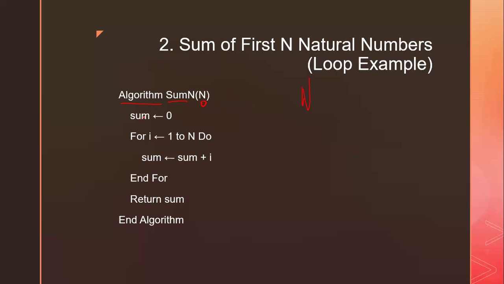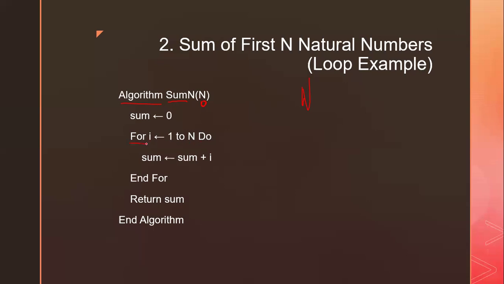So we say sum is equal to 0, but because we're using pseudocode, we don't particularly use equals, we use an arrow. So 0 is assigned to sum. Then for i, which is assigned 1 to n, do.